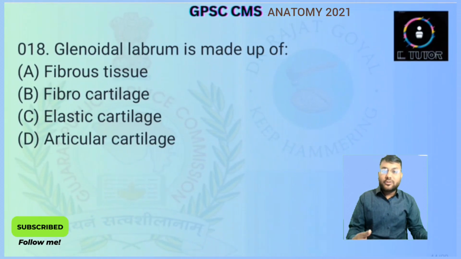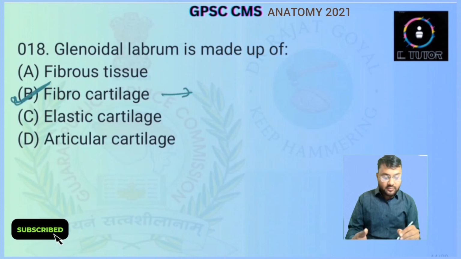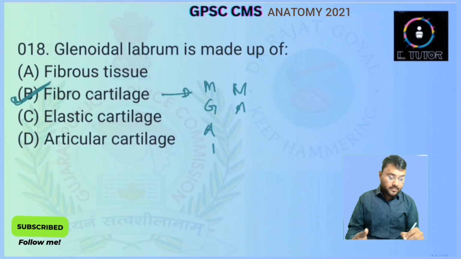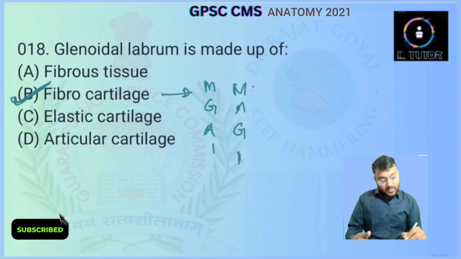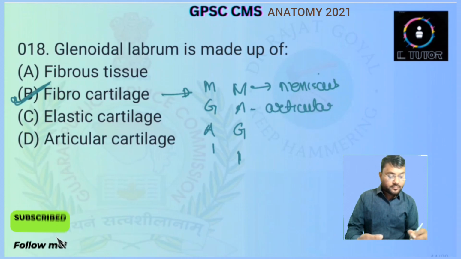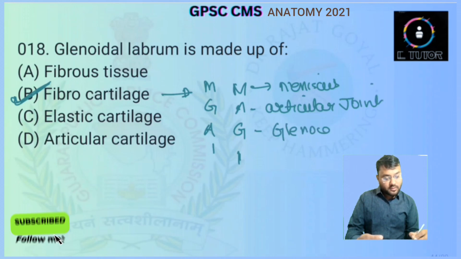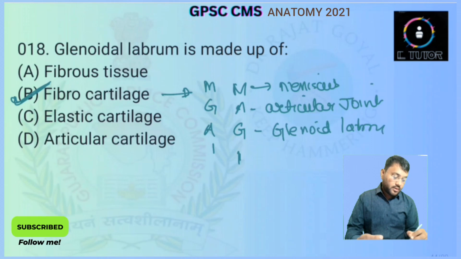Next question is, glenoid labrum is made up of. So glenoid labrum is made up of fibrocartilage. This is a direct question. If we talk about the other things which are made up of the fibrocartilage, then the trick will be MAGI. M for meniscus, articular joint, glenoid labrum, intervertebral disc.